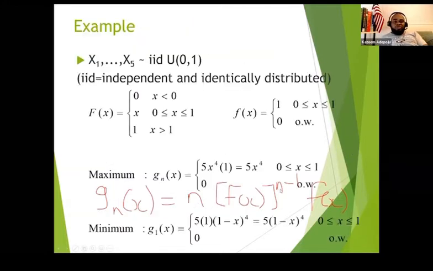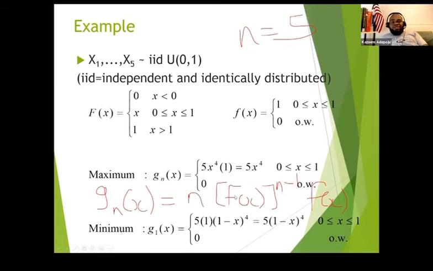So what I'm going to do is plug in n. What is n? Because I have x1 up to x5, it means my n, according to this data set, is equal to 5. So I'm going to plug in 5 here. That's why you have the 5.